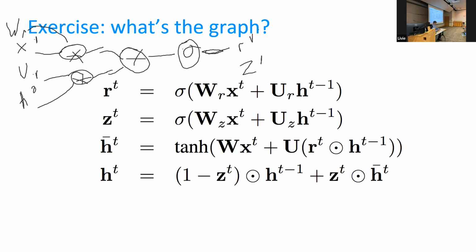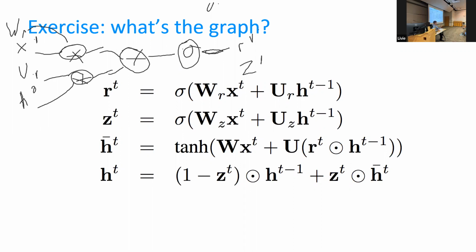Okay, so what will be our input nodes? Yep. Yeah. And I guess U and W without their subscripts. Does that mean W and U are vectors, and we're just doing vectors? No. Good. So the question is whether U and W are vectors and we're not taking rows of them.